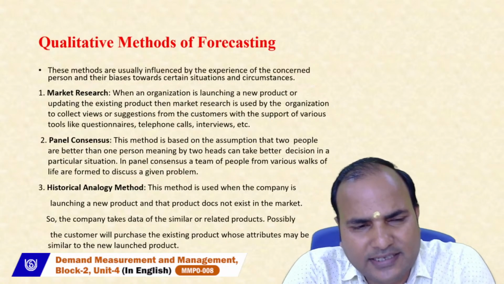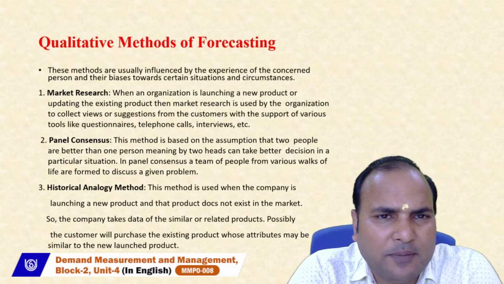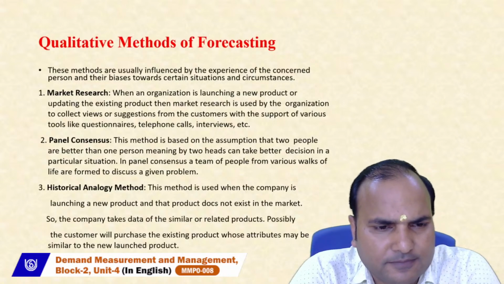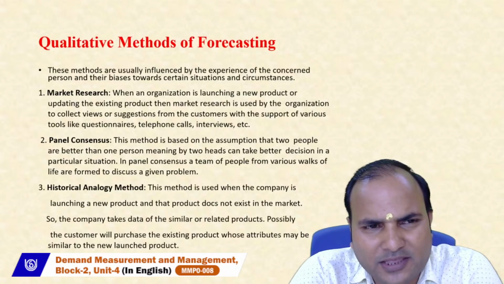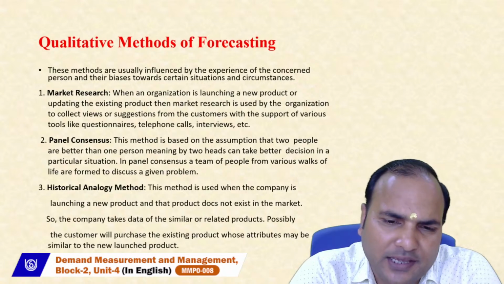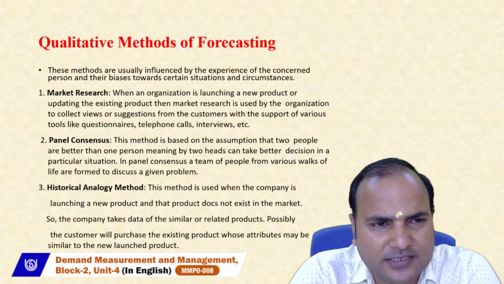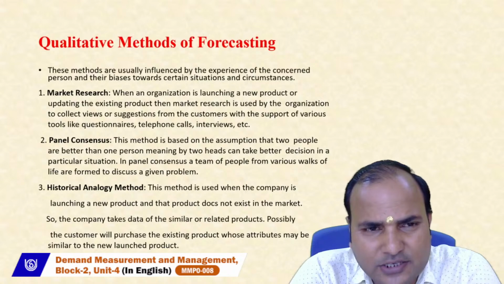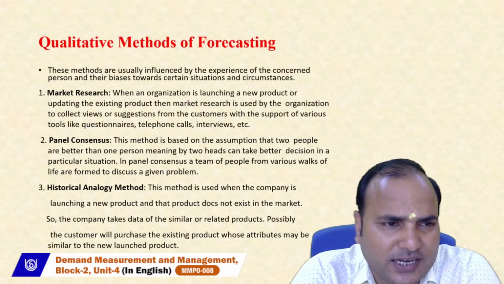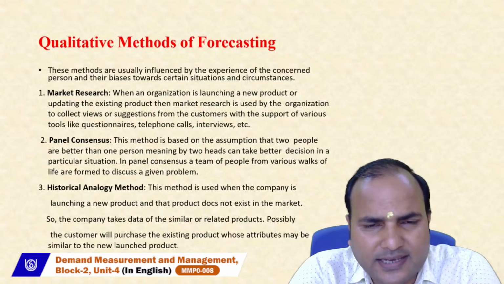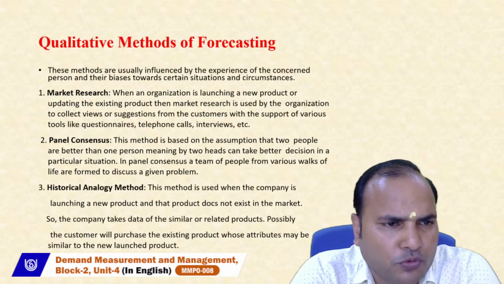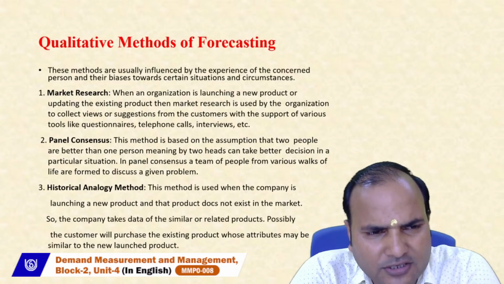So one by one, let us discuss in detail the qualitative methods of forecasting. These methods are usually influenced by the experience of the concerned persons and their biases towards certain situations and circumstances. They are basically focused on market research, panel consensus, and historical analogy methods.